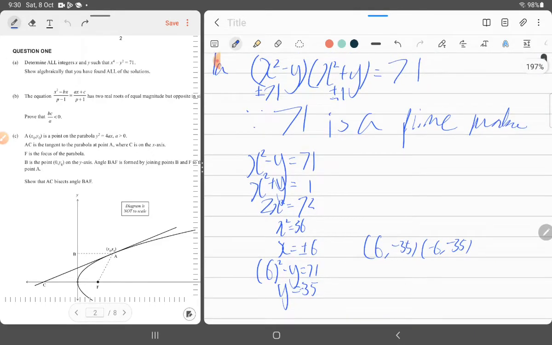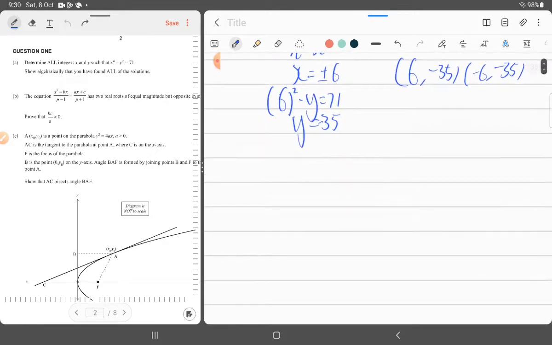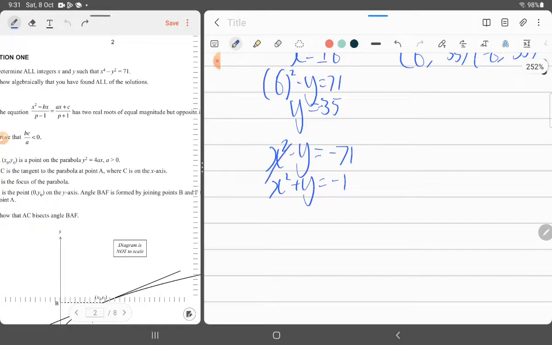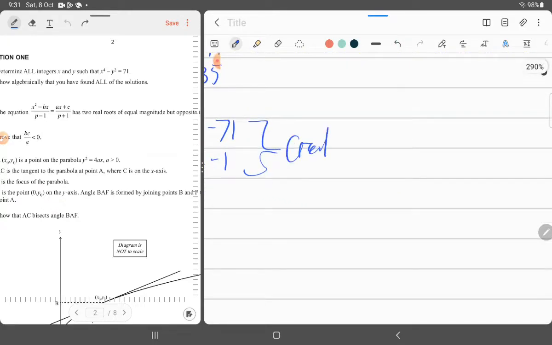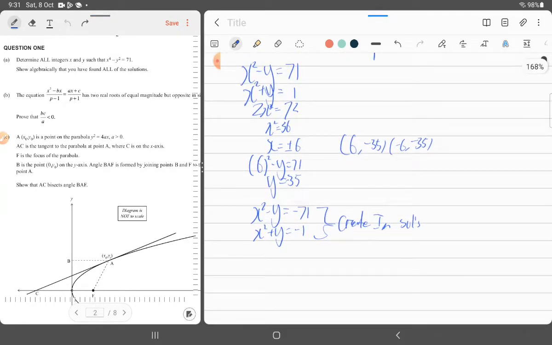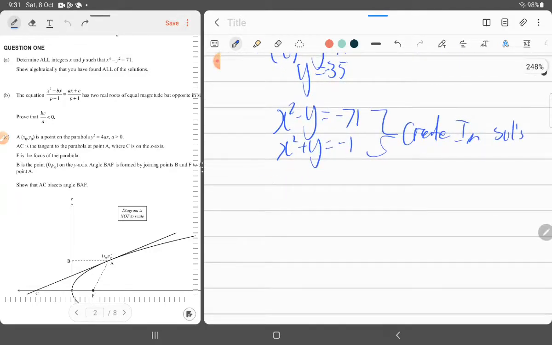For x squared take away y equals 71, x squared plus y is equal to 1. Can we just take x squared take away y equals negative 71, x squared plus y equals negative 1? Actually that creates imaginary solutions, but integers are real numbers, so will this change anything?